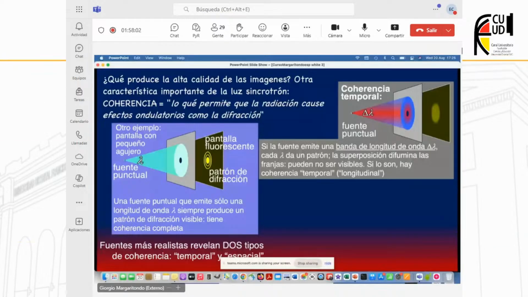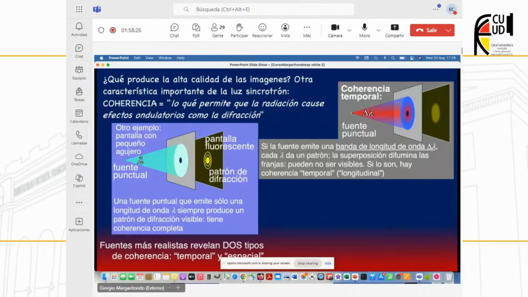You don't see fringes anymore because the superposition has broadened them, and so you just get a blob. You don't get a pattern anymore. If this is not happening, if you still see the diffraction fringes, then there is time coherence, and this is the first kind of coherence.